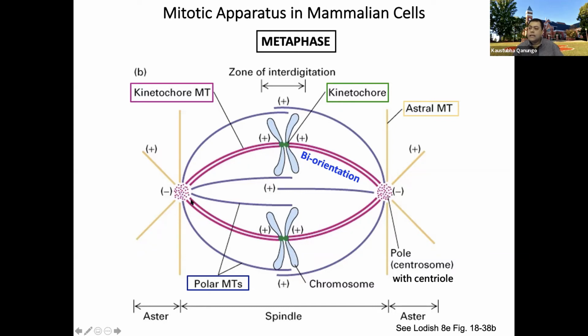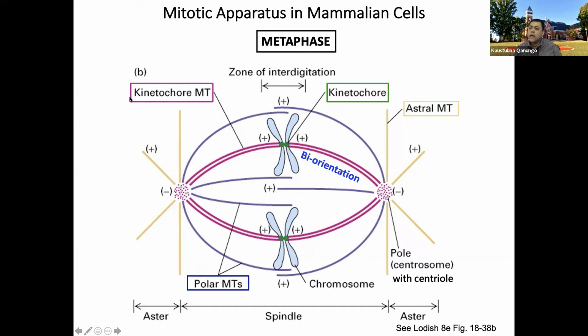At each end of the mitotic apparatus, you have the pole, which is the centrosome. This is also called the pole or the spindle pole. You can call it anything. So this is the centrosome at one end, and this is another end. From here, you see these dark pink colored microtubules emanating from this football-shaped structure, although there will be many.